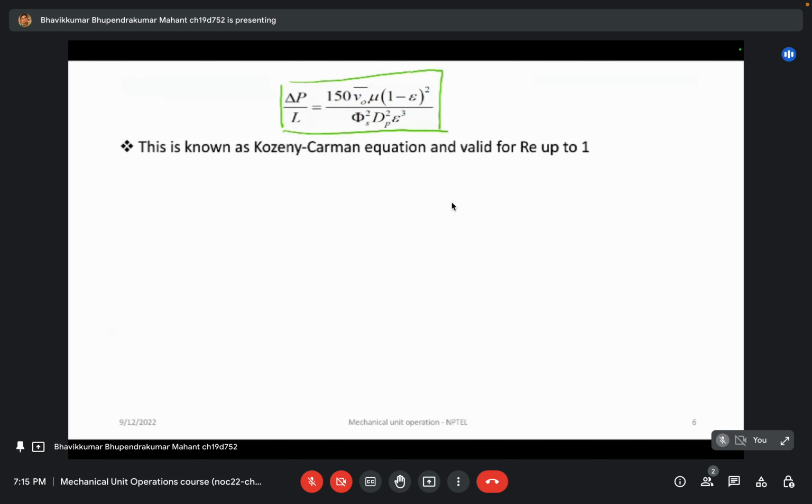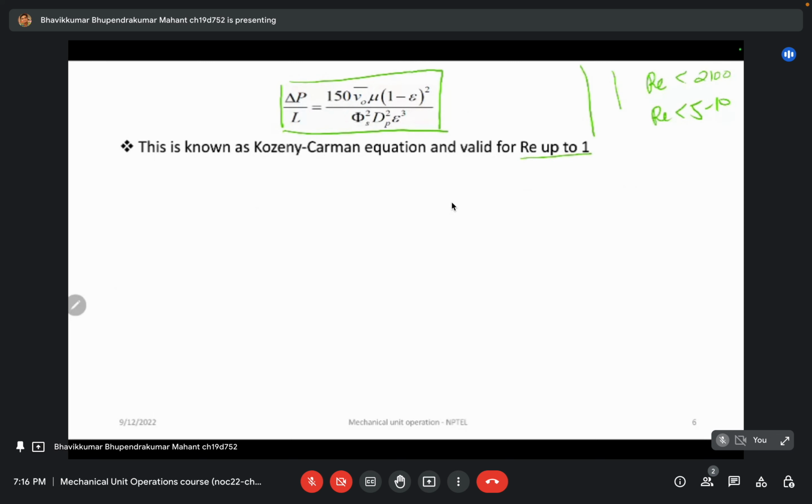We use that for Reynolds number up to 1, but generally we can use it up to a Reynolds number of 5 to 10. Here you can see the difference. For cylindrical flow without solids, we consider laminar flow for Reynolds number less than 2100, but here we consider Reynolds number up to 5 to 10 in the laminar region. Why?